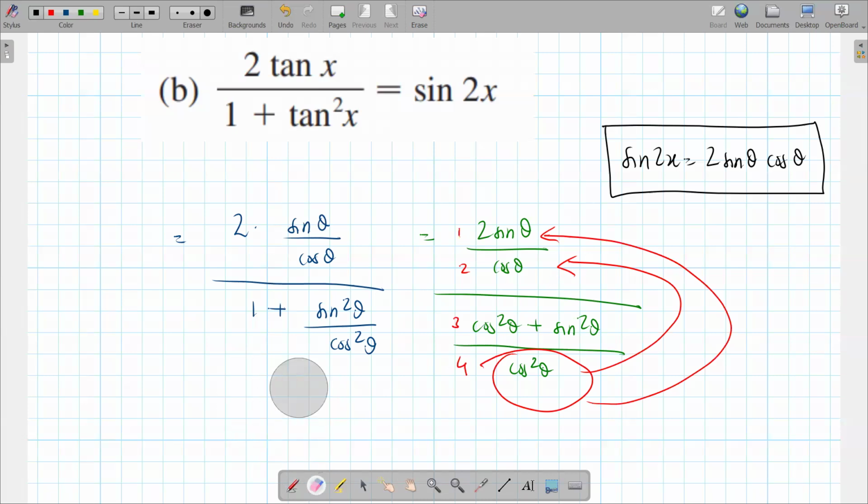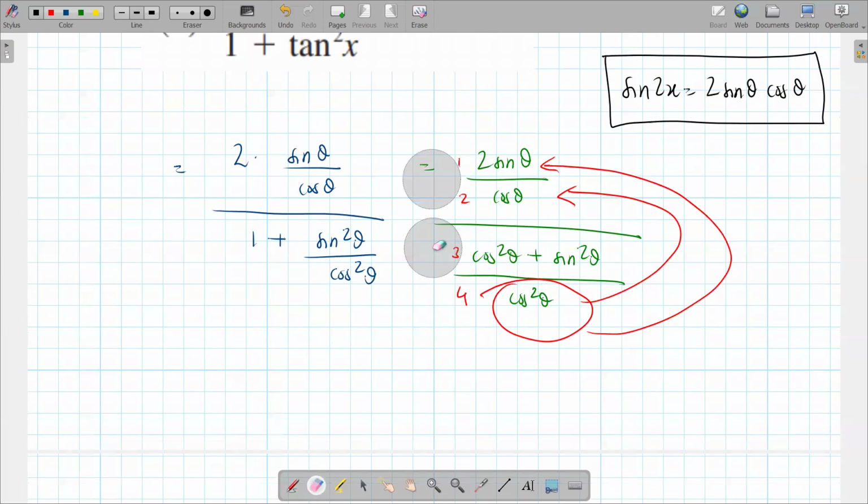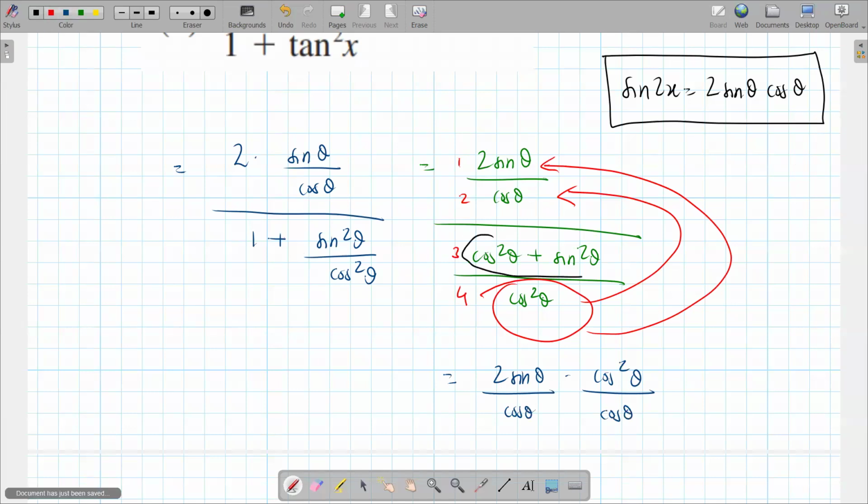So now let's clean this up even more, and you'll see that the answer is just going to come. So you have 2 sine theta times cosine squared theta, divided by cos theta, and you know that level 3 will go to level 2. I'm going to skip a step again here. This level 3, cosine squared plus sine squared, can we rewrite this as something else?